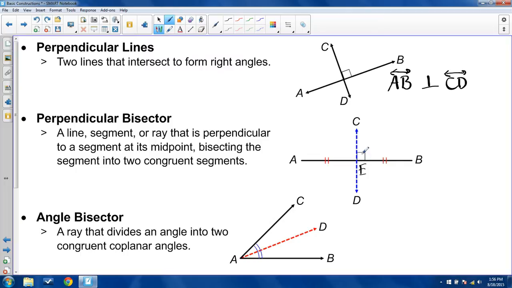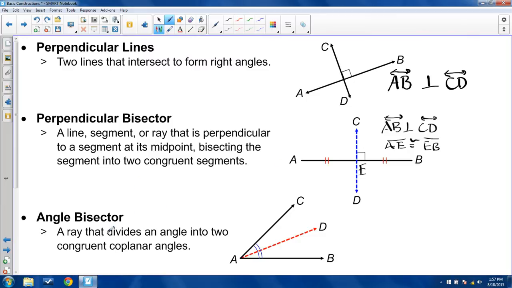It made this perpendicular, and it bisected it. So line AB is perpendicular to line CD, again. And as CD bisected AB, it created a new point E that made segment AE congruent to segment EB. So a perpendicular bisector divides it right in half, assuming it's a segment and it's perpendicular.